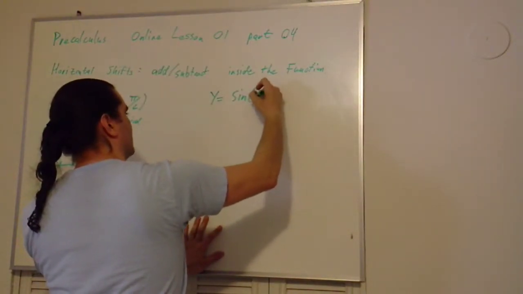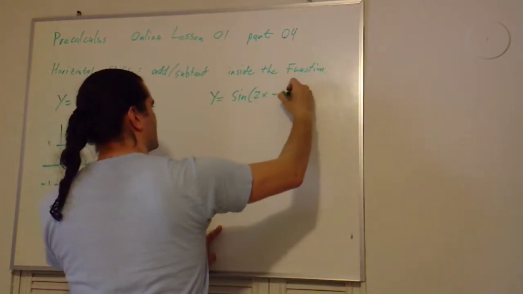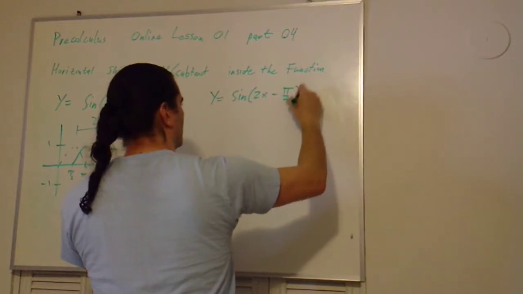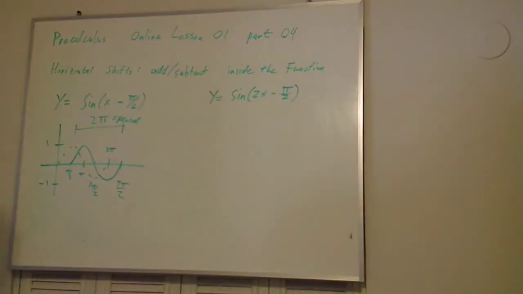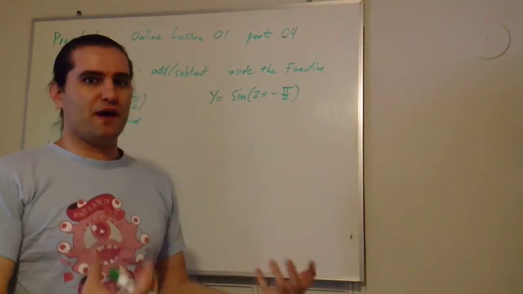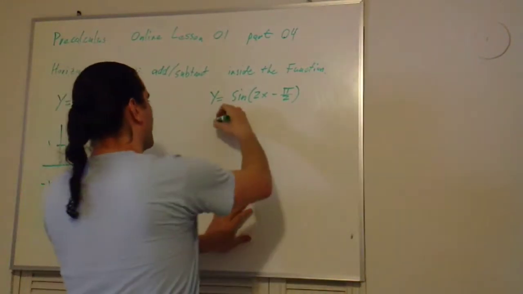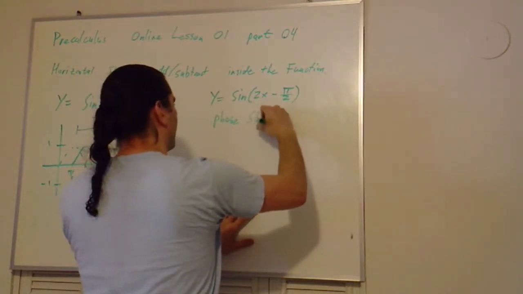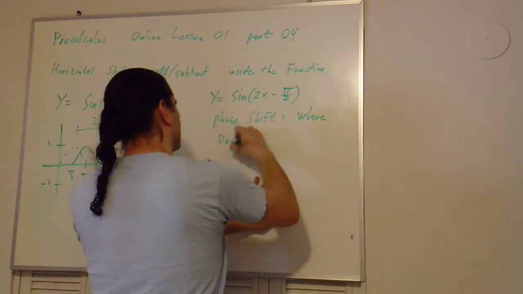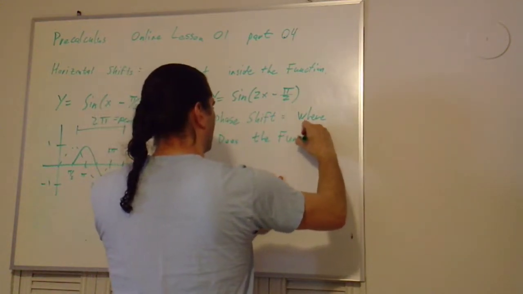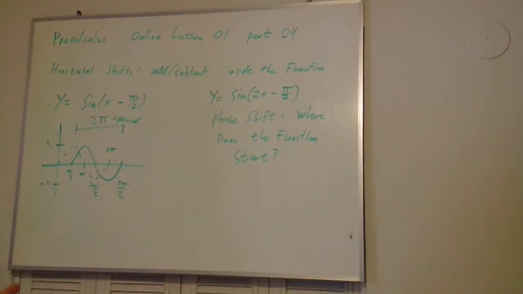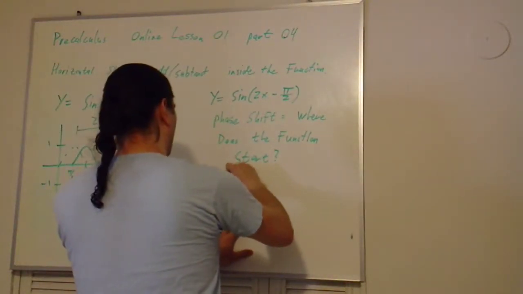And to clarify what I mean by that, I'm just going to throw myself into an example here. Probably the easy example we could do would be the sine of x minus pi over 2. So if we're talking about this in terms of horizontal transformations, we would call this a shift to the right by pi over 2 units, which is fairly straightforward. And in this case, that's exactly what happens.